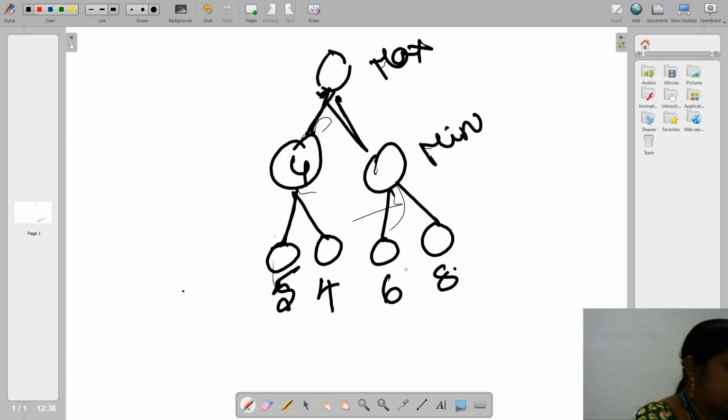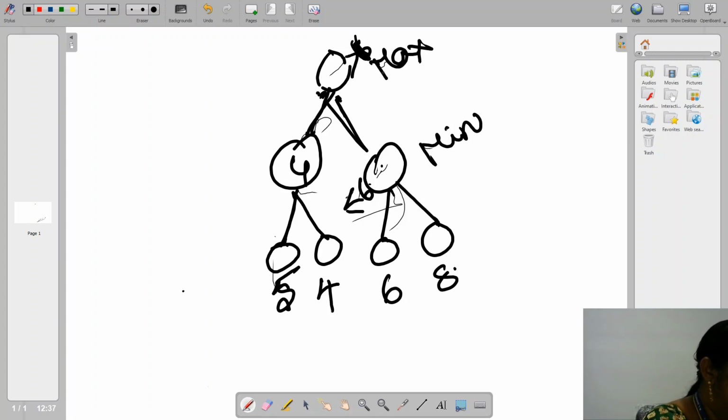But you should not compare 6, 8, because we are not doing any exploration of this. You just take 6, because 6 is a leaf node. Always it should be less than or equal to 6. But here at max we have to select greater than or equal to 4.